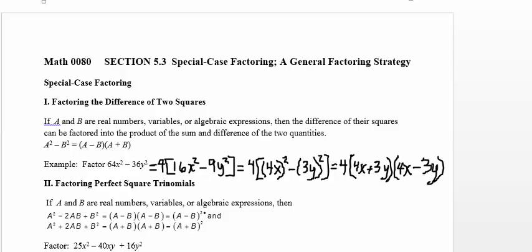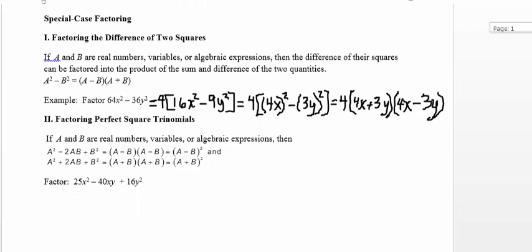And notice that's actually the square of a minus b. A squared plus 2ab plus b squared is equal to the product of a plus b times a plus b, which is the same as the square of a plus b.